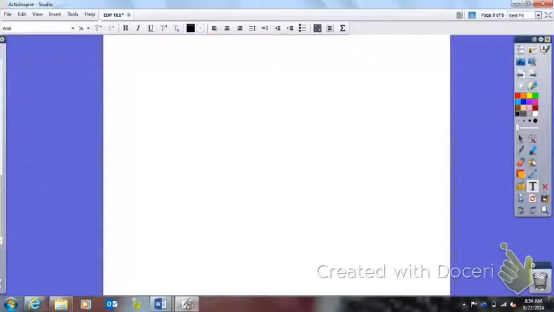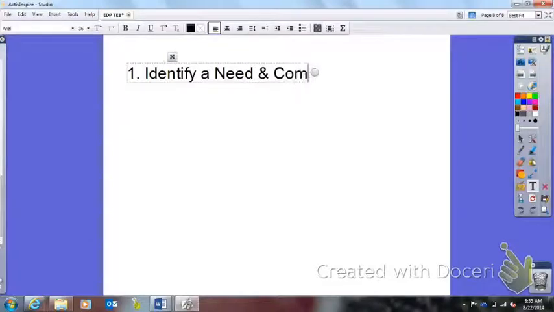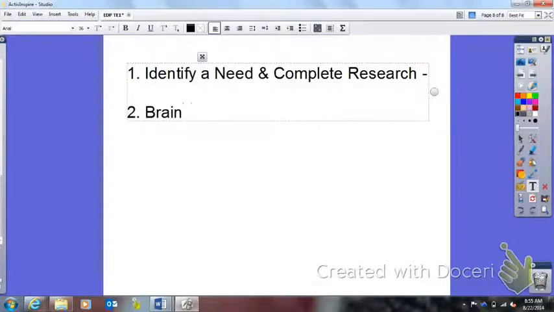All right, so let's look at the engineering design process. Okay, step one, what do I need to do? You need to identify a need and complete research. Okay, all right. And that one pretty much explains itself. Okay, step two, you need to brainstorm.